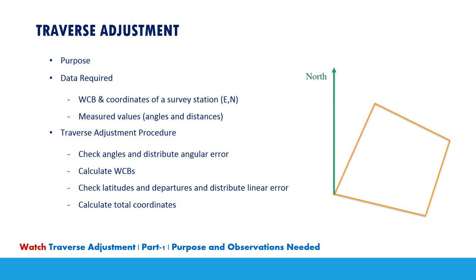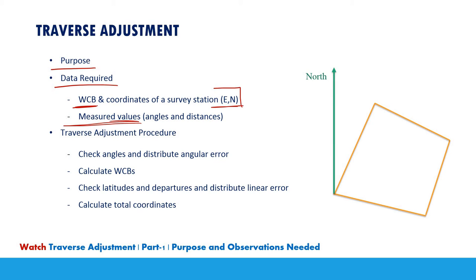In a previous video I explained the main purpose of traverse and the data required, like the whole circle bearing of the first side and the coordinates of one of the stations.